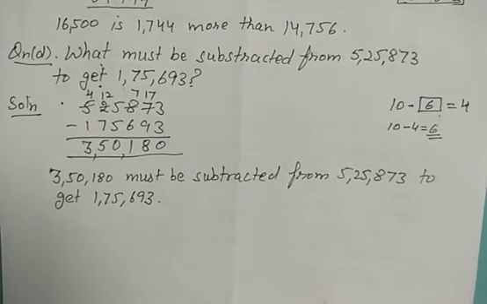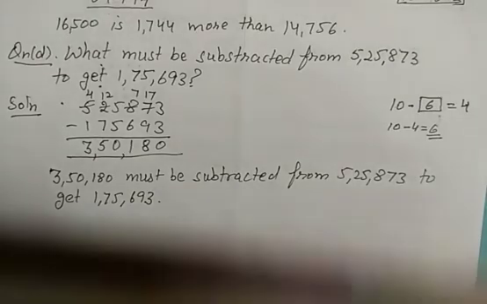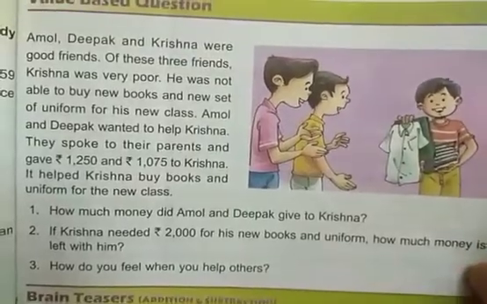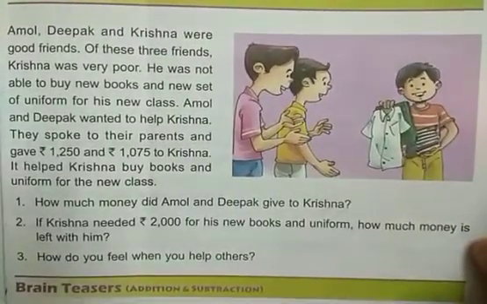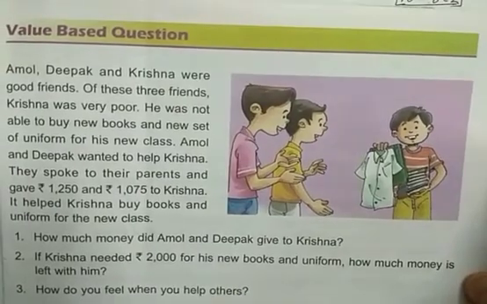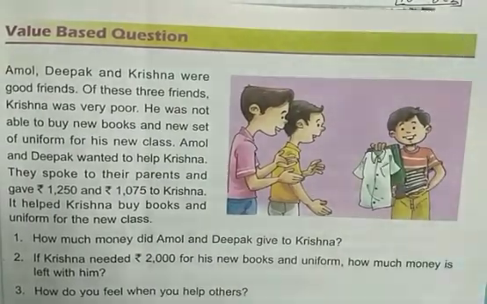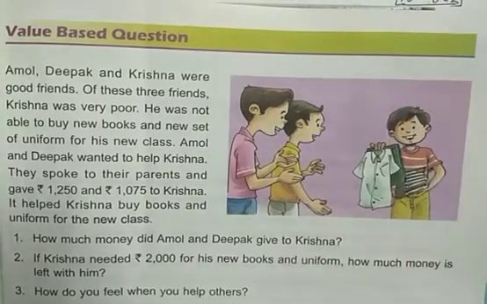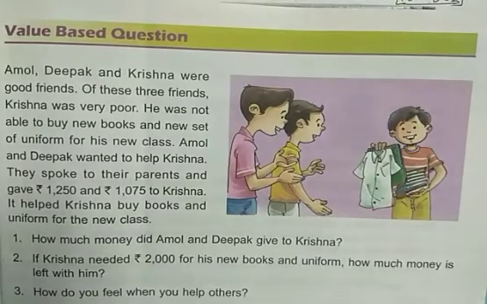Now, next is our value-based question. We'll read this story and try to solve these questions. The story is Amol, Deepak and Krishna were good friends. Here are the 3 friends and they all are very good friends. Of these 3 friends, Krishna was very poor.